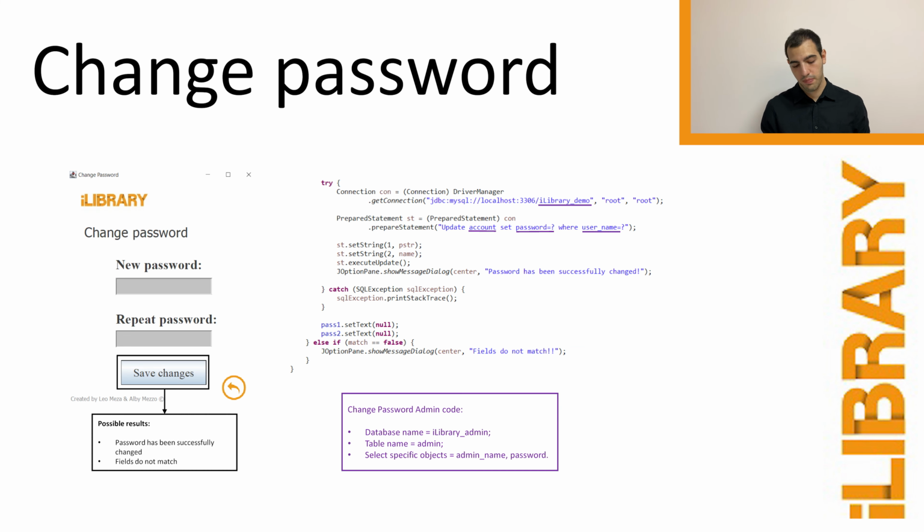In the change password option, we can literally change the password both for username and for admin. But to be able to change the password, we first need to log in.